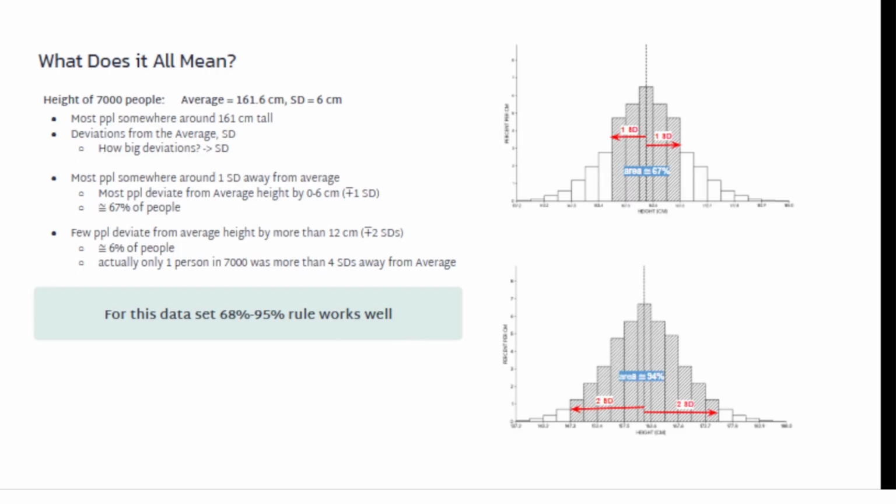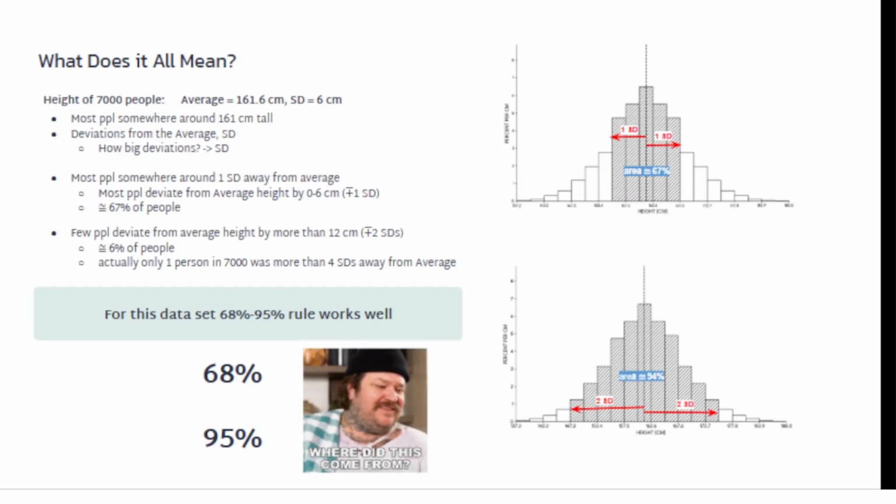So for this data set, we can say that the 68-95% rule works quite well. So where do these numbers 68 and 95% come from, you might ask? Stay tuned for the answer in the next episodes.